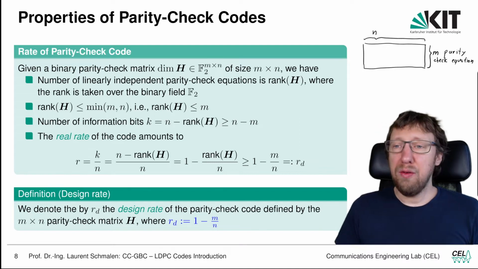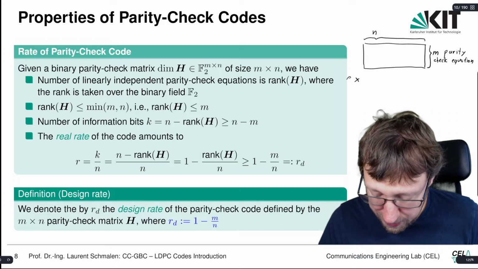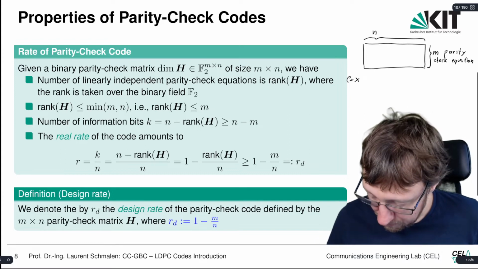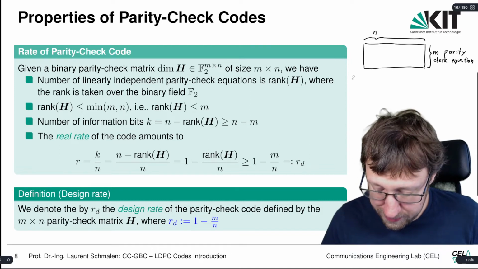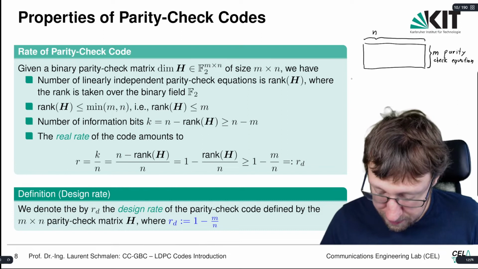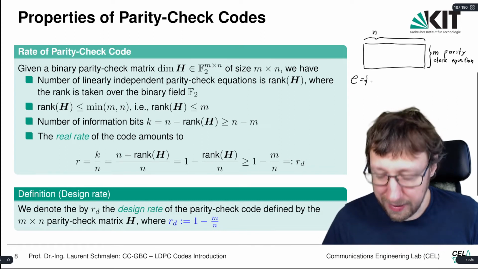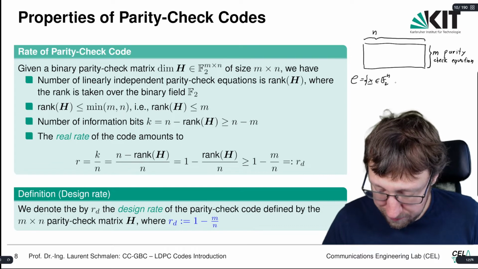So let me write this again. The code C is the set of all x in F2 to the power n, such that H times x transpose is equal to 0.